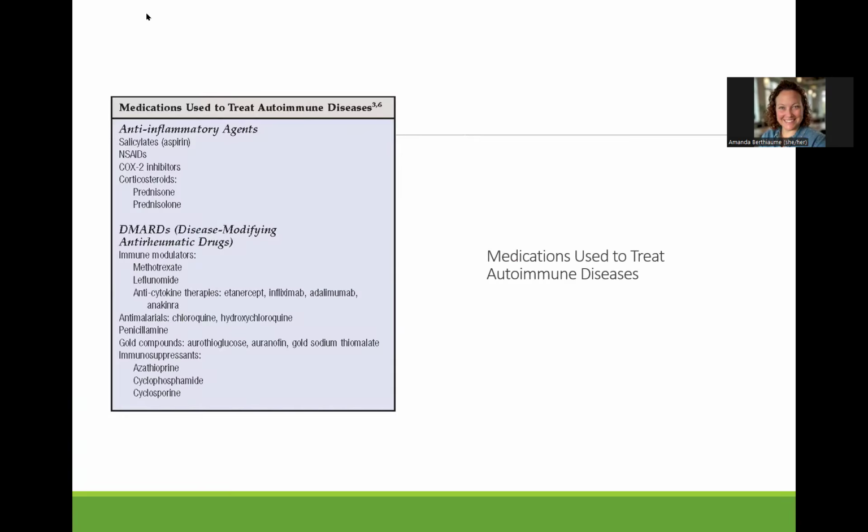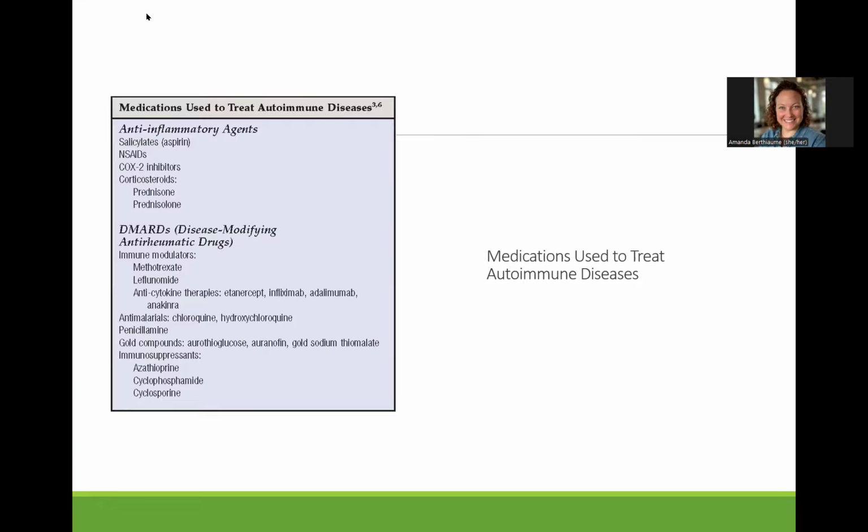The folks that have autoimmune disorders might be prescribed anti-inflammatories, so NSAIDs, corticosteroids like prednisone or prednisolone. You might see them on pain medications, anti-rheumatic medications, anything that's listed there. And again, there's a really good graph in your book.